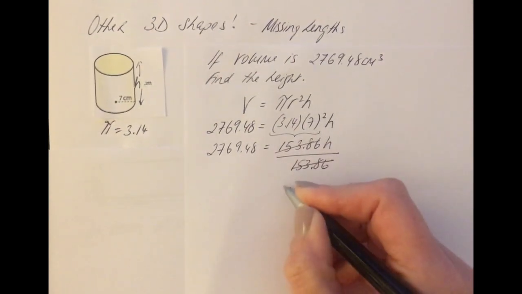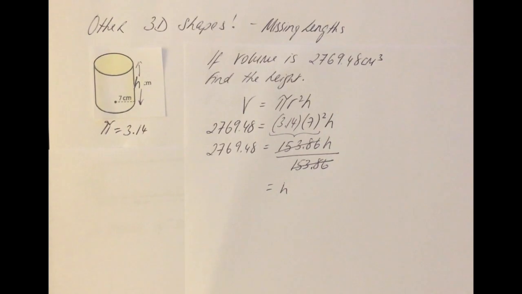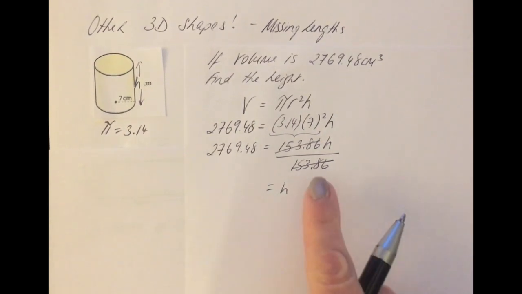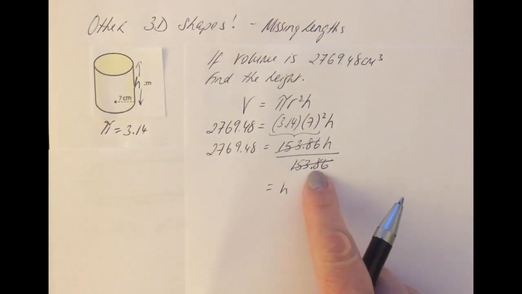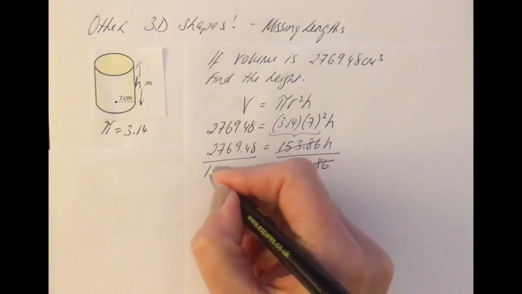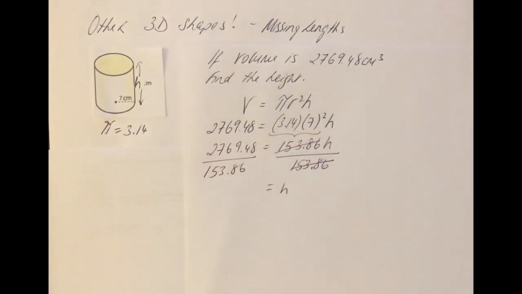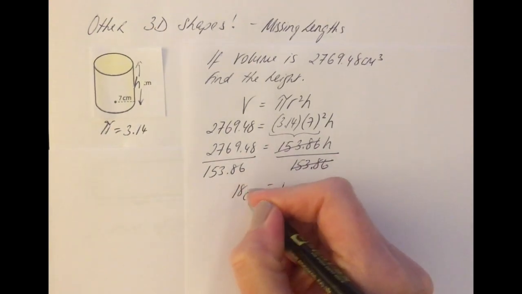That will get rid of it to give me the h on its own, which is obviously what I want. I'm looking for the height. And of course, if I divide by 153.86 on the right, I've got to divide by 153.86 on the left. So when I do that, I get my answer, which works out to be 18 centimeters.